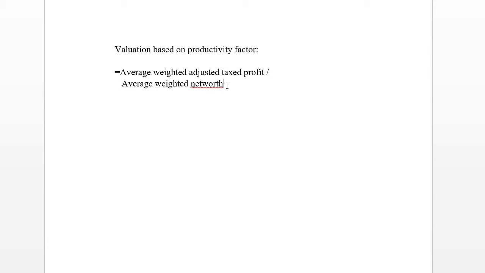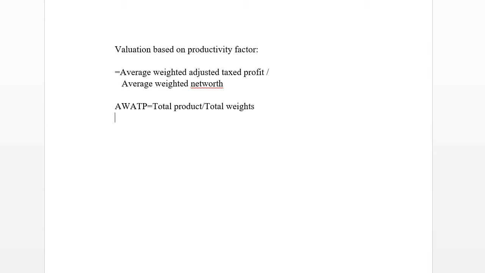For calculating the average weighted adjusted taxed profit, we can write it in short form: average weighted adjusted taxed profit is equal to the total product divided by total weights, right? Total product and total weights.